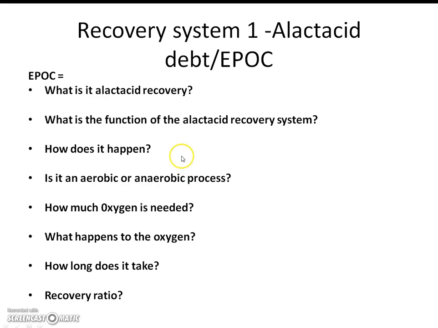This is known as an endothermic reaction because we're using energy from the breakdowns to produce that. So the answer to how does it happen is an endothermic reaction. You could give an example of PC breaking down. We're using that energy to resynthesize ADP into ATP, just as an example to show how ATP is produced.